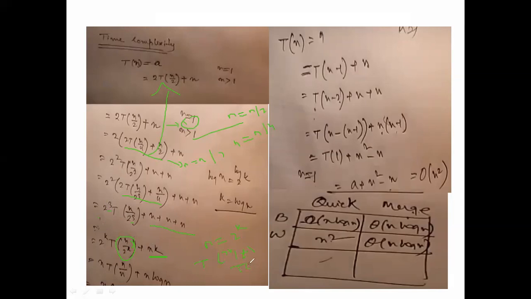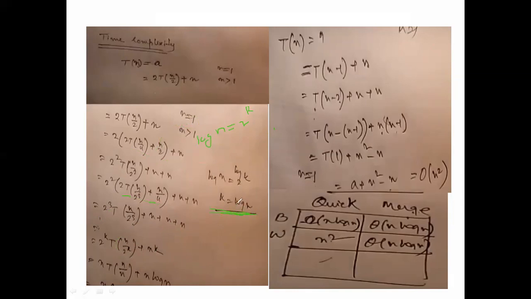So n equals 2^k, and this becomes 1. Taking log on both sides, log n equals k log 2 with base 2, so the total value is k equal to log n.